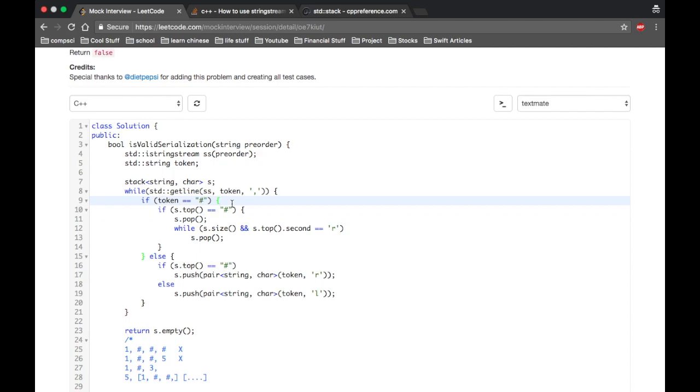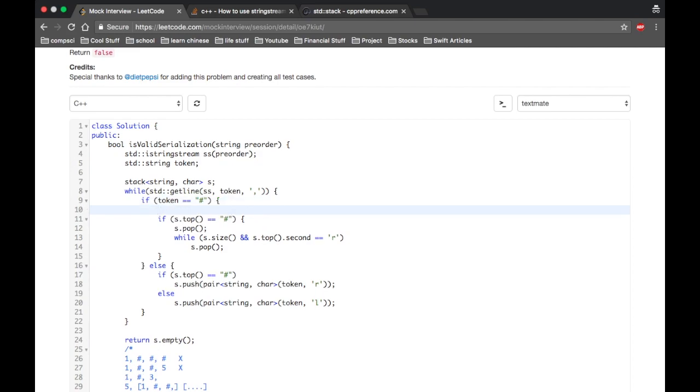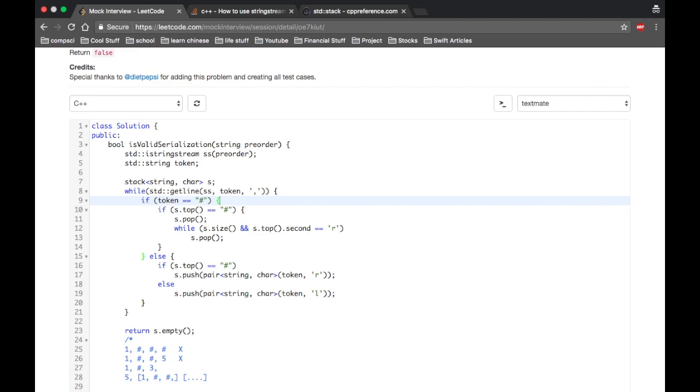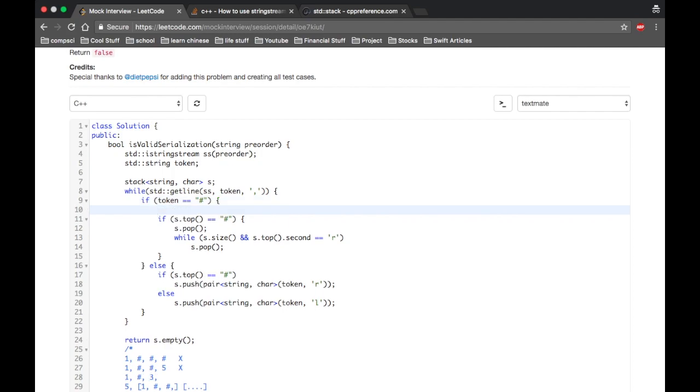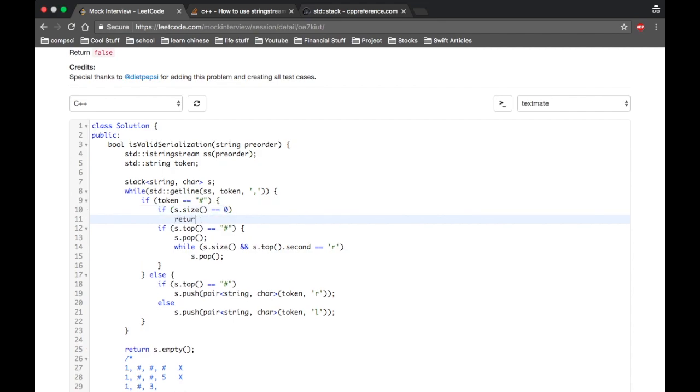But for now, I'm going to say it's a hash and there's nothing left in the tree. So if s.size is equal to 0, return false.